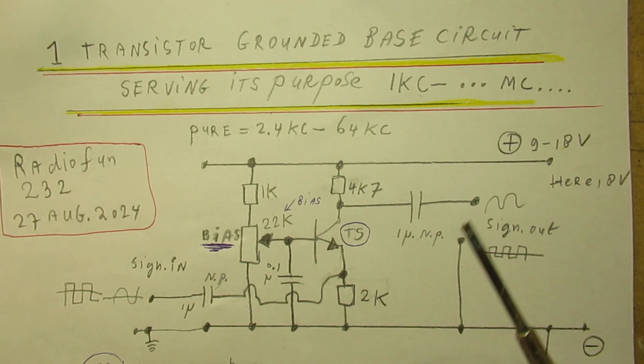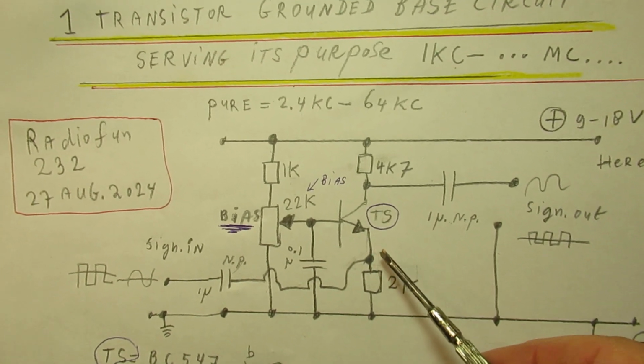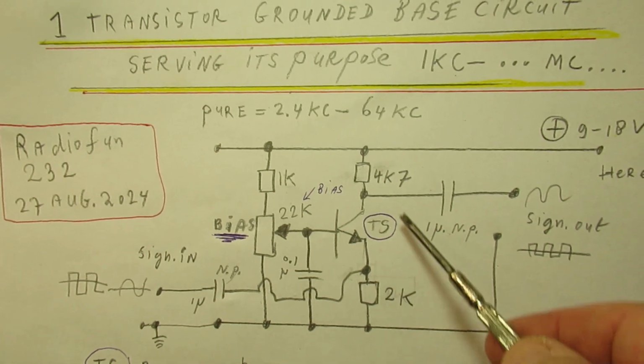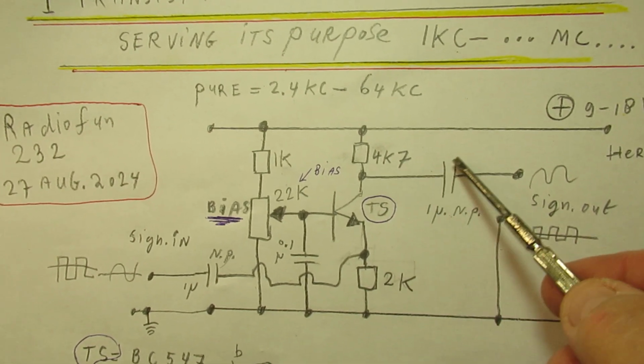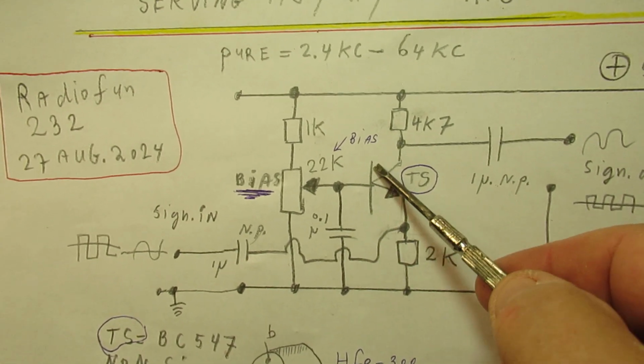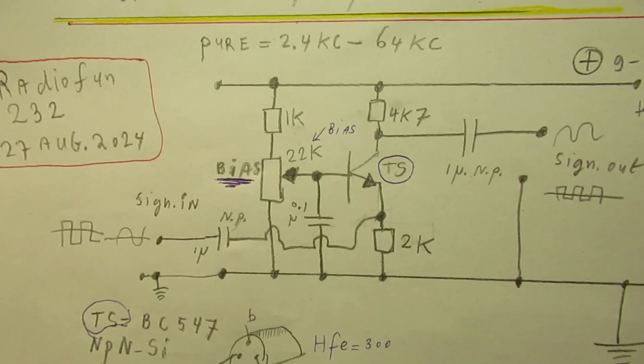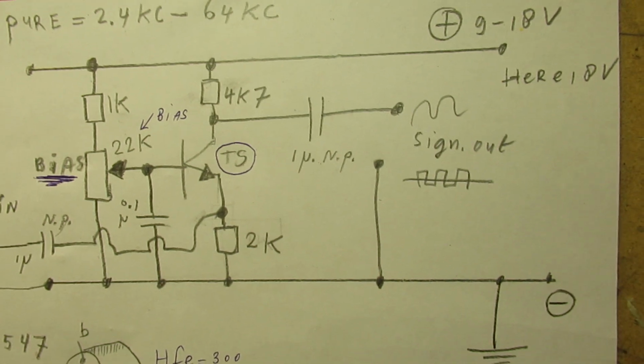And in the grounded base circuit we add the signal to the emitter. It's amplified here at the collector, and there is a capacitor here from the base to the ground, and in this case that is minus.